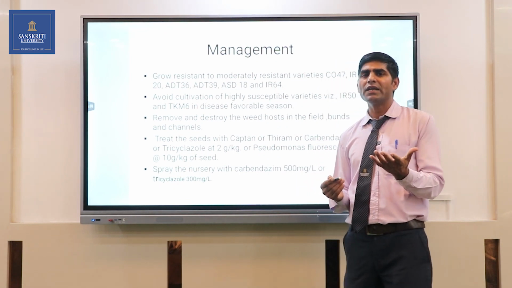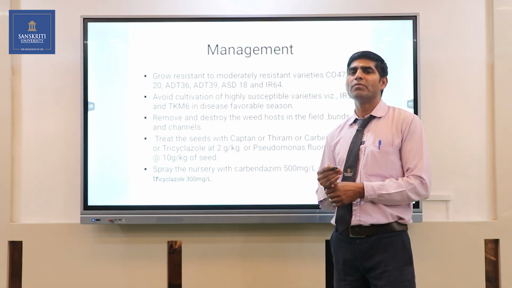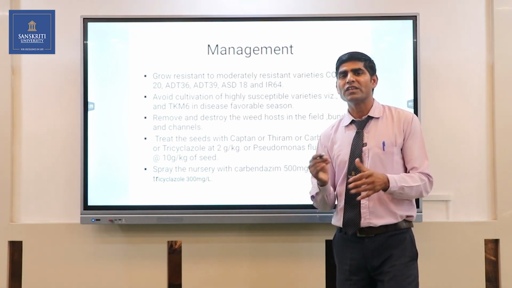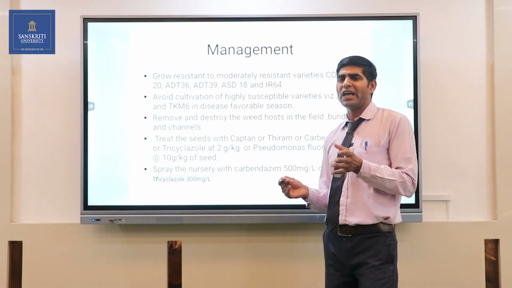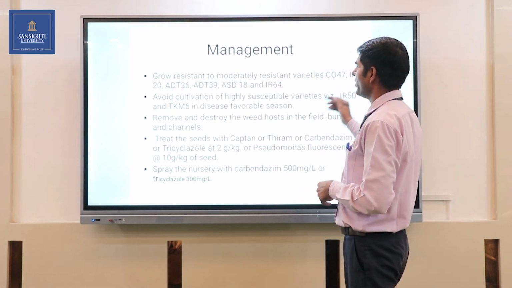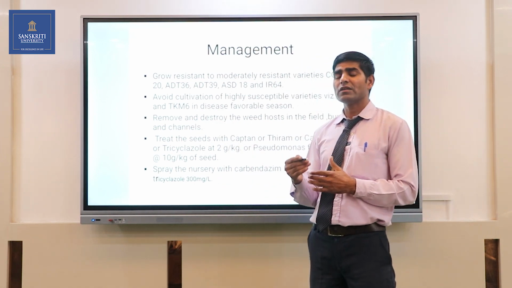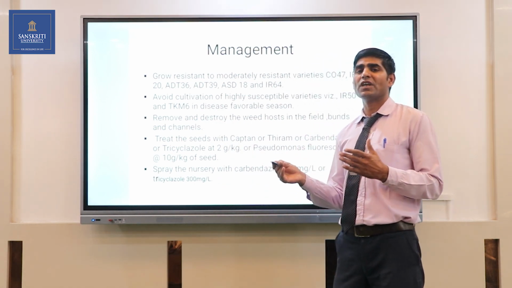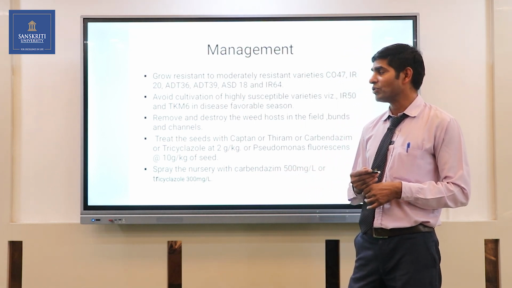The susceptible variety is one that is easily attacked, easily infested by the pathogen. Coarse rice varieties such as IR8, IR50, TKM6 are susceptible varieties which are generally attacked by this Pyricularia oryzae pathogen.